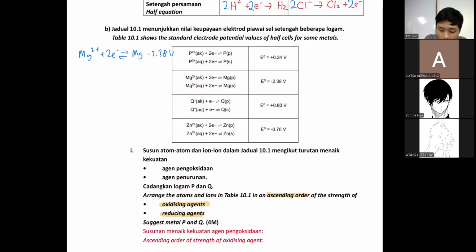Second is zinc, negative 0.76 volt. Third is P2+. Fourth is Q+. So I arrange it again.